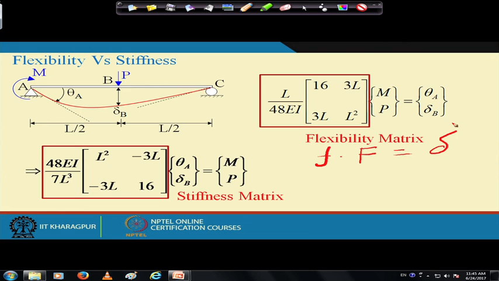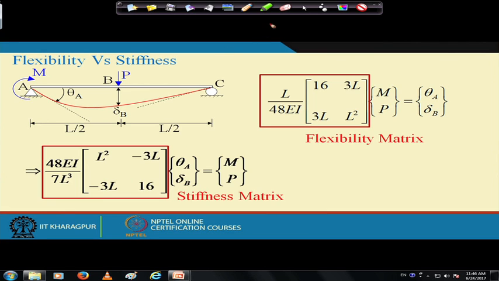And if K is stiffness, then stiffness into displacement gives you the force. We demonstrated this through a spring problem in the last class. So this matrix is called the stiffness matrix, the inverse of the flexibility matrix.